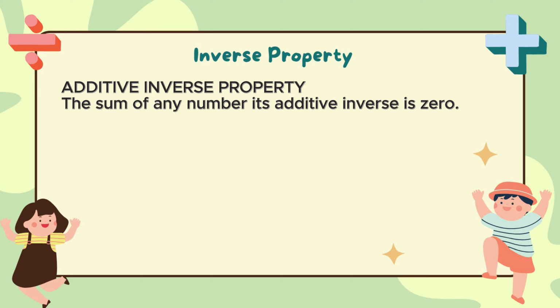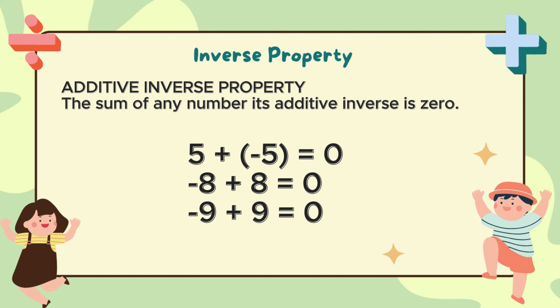Let's have an example. As you can see, positive 5 plus negative 5, negative 8 plus positive 8, negative 9 plus positive 9. So, what do you mean by additive inverse property?